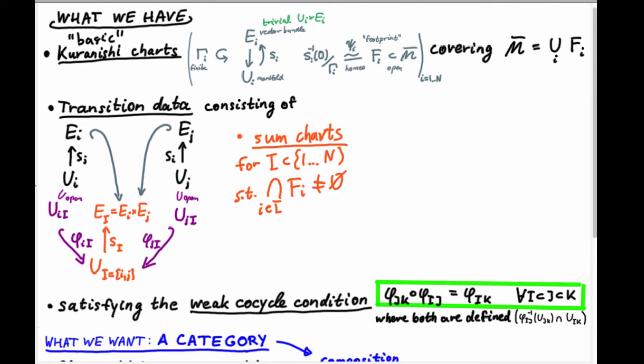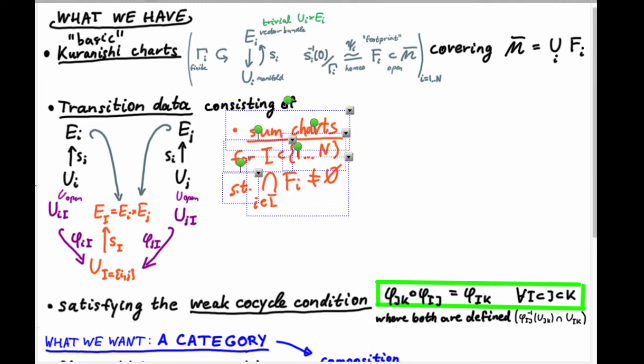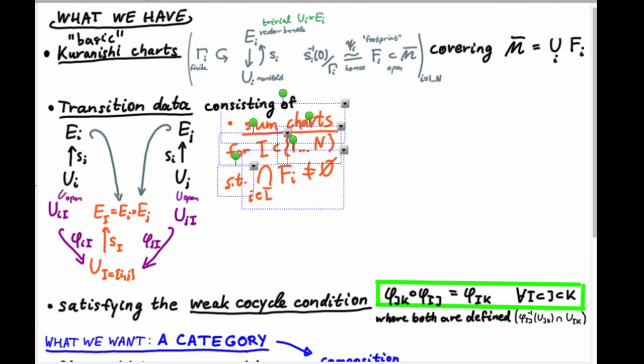One could define a weaker notion, but to answer the question before: does the intersection of the footprints have to be a footprint again? I believe one can always make it so. Right? So this is the sum chart for some subset.